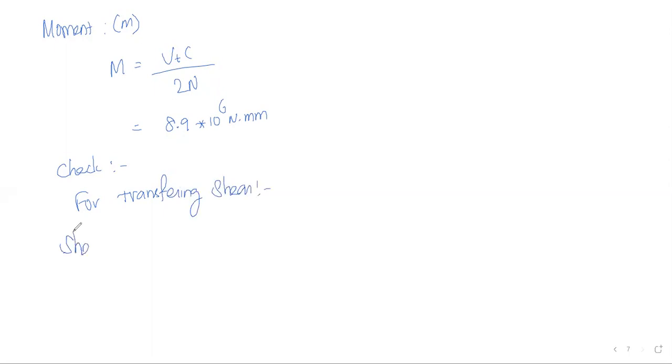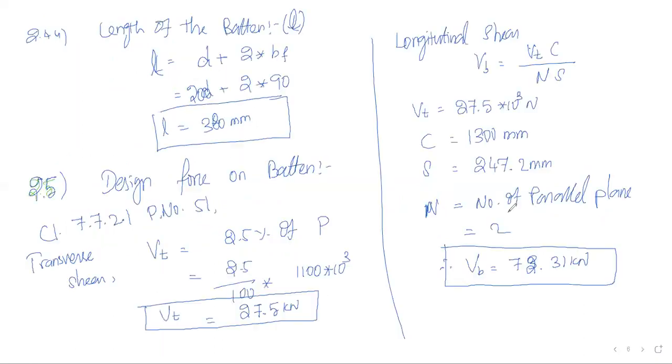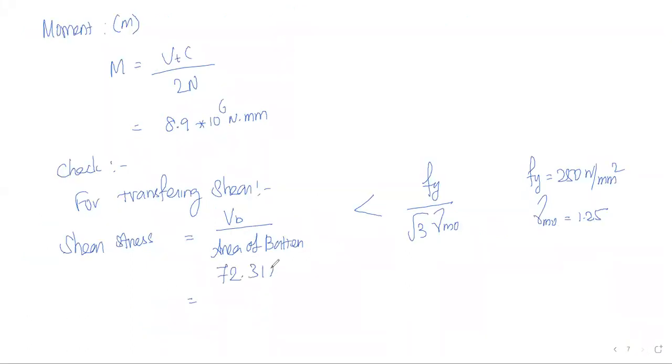Shear stress is equal to Vb by area of batten. It should be less than Fy divided by root 3 into gamma m0. We know that Fy is equal to 250 Newton per mm squared and gamma m0 is equal to 1.25. The Vb value we calculated is 72.31 kilonewton, so 72.31 into 10 to the power 3 divided by area of batten.